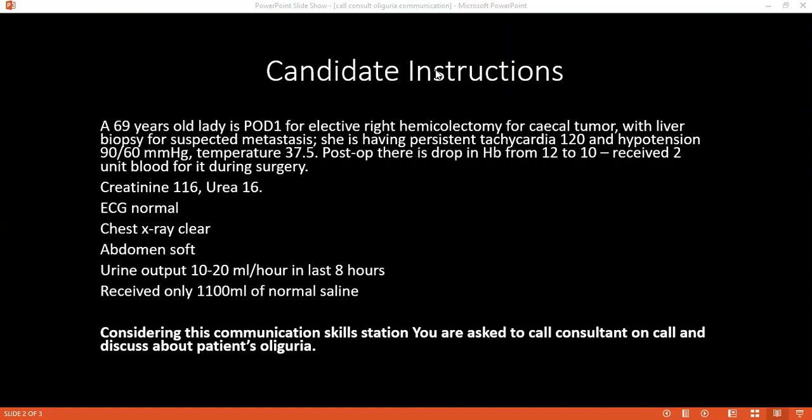Yeah. Did you check if the patient's catheter was not blocked? I should have checked, but in theory, I think they have already written in the notes that the catheter is not blocked, like in the scenario they will give it.